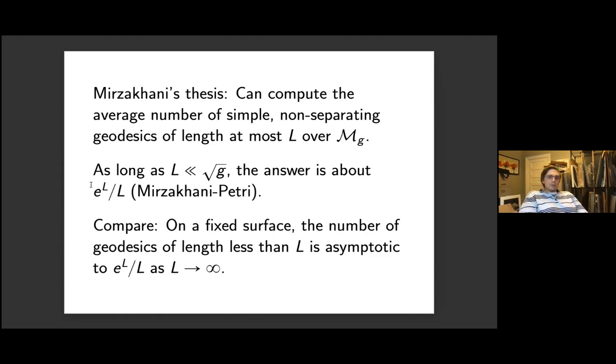But still, you can't help noticing I have the same number twice, e to the L over L. So somehow, maybe roughly, I was expecting e to the L over L total geodesics, and only looking at the simple non-separating ones, I already got about that many. Even though this is a little dodgy with the asymptotics, you can't help finding this very suggestive.